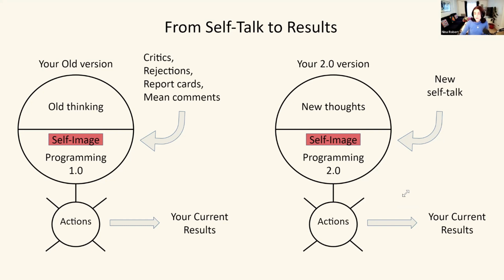In order for us to do that, we need to come up with new thoughts. Again, if the results that are currently happening in our life need to be changed, if the current results are not satisfying, we need to come up with new thoughts. In order to come up with new thoughts, always surround yourself with the right kind of people.